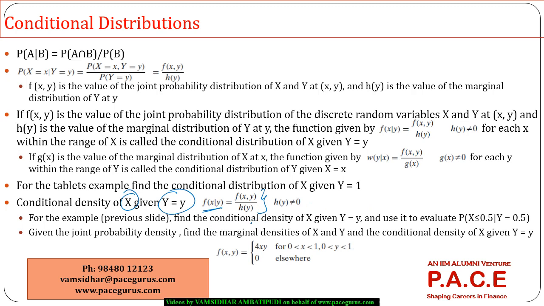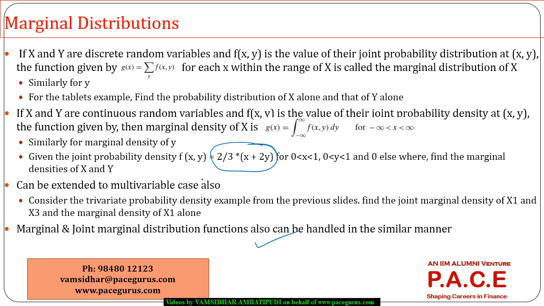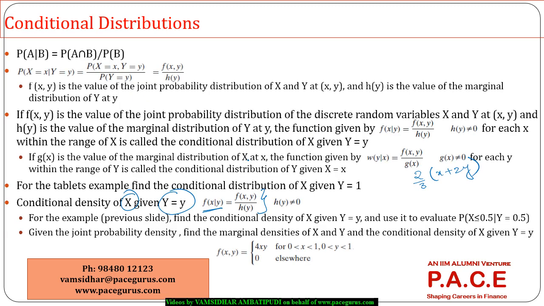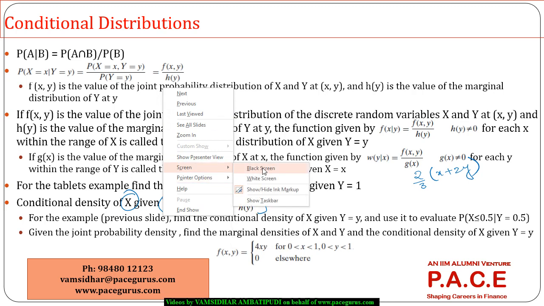I can use the previous example, wherein I have taken f of x comma y as 2 by 3 times x plus 2y, where x is between 0 and 1 and y is also between 0 and 1, and it is 0 otherwise.